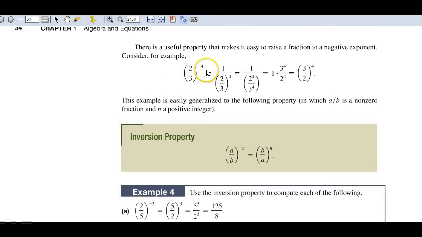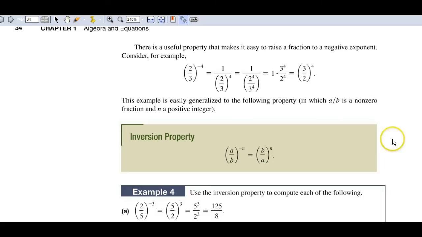So in this next part here, they're showing you that, in a sense, this goes down there. And again, the shortcut of it gets a little complicated this way. If you have a fraction that is to a negative exponent, just flip it and it's to the 4th power, and then whatever these are.